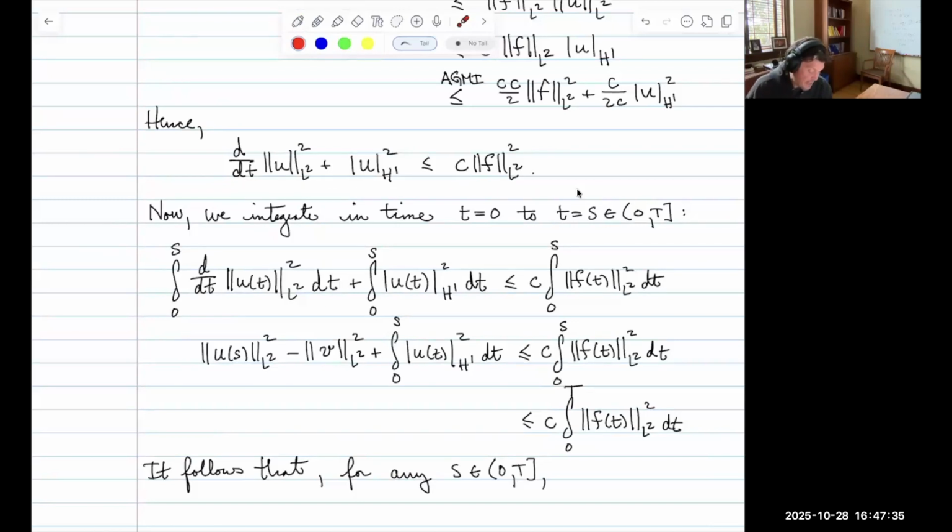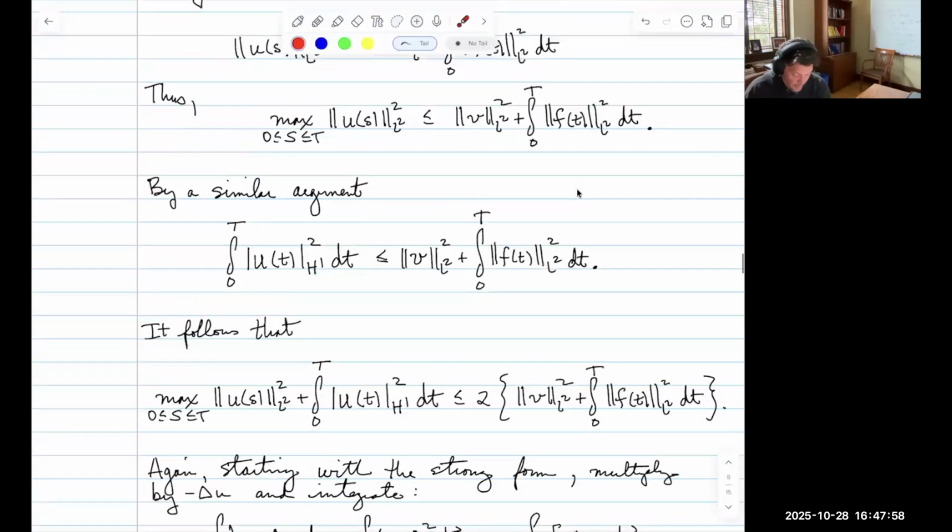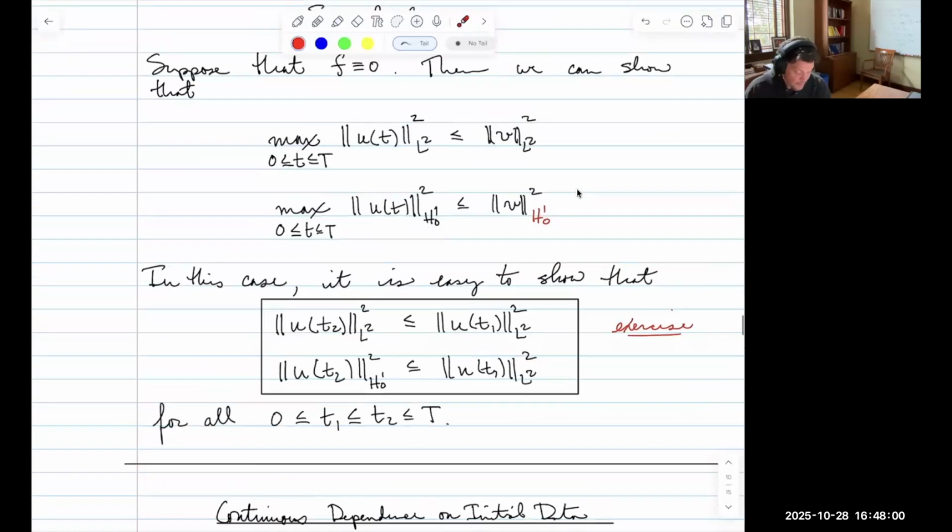Well, in that case, I get U of T2 minus U of T1 there. And all the rest of the stuff I can get rid of and throw away. And so what happens is I can put this guy over on the right hand side, and this stays on the left. Okay, remember that's with T1 and T2.